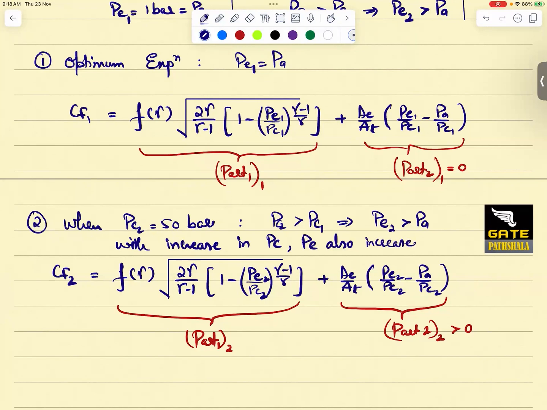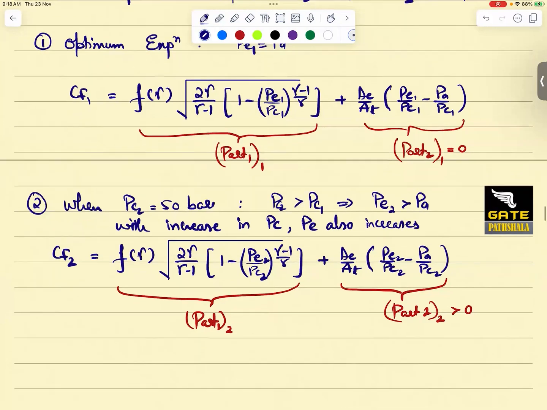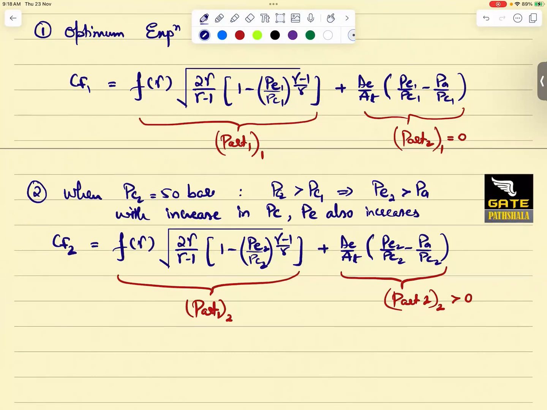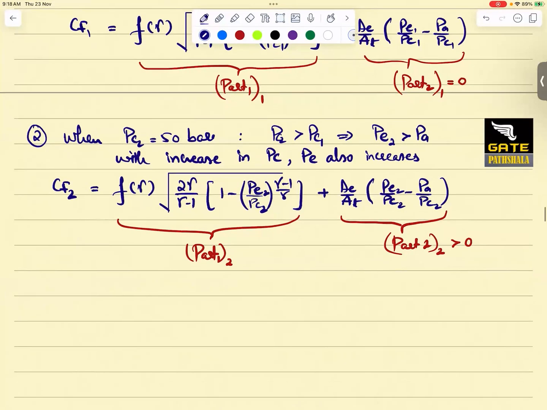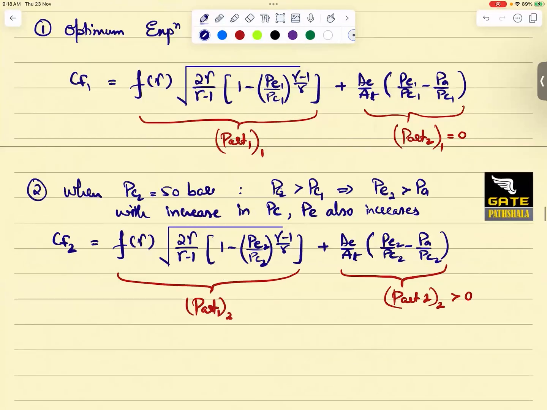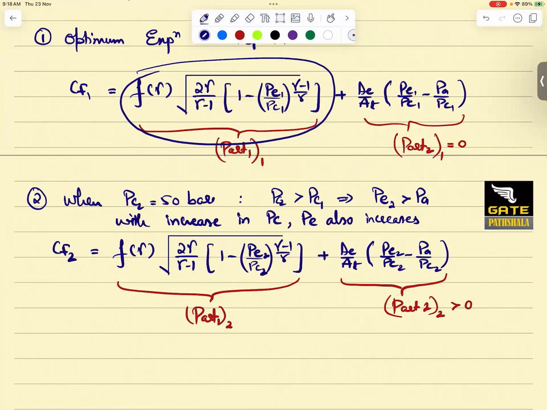So that ratio might remain the same, may or may not. But one thing is sure, this quantity may become equal, or it might increase because this part might become smaller.